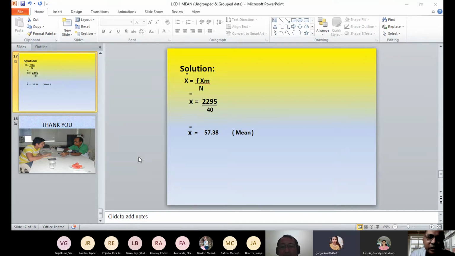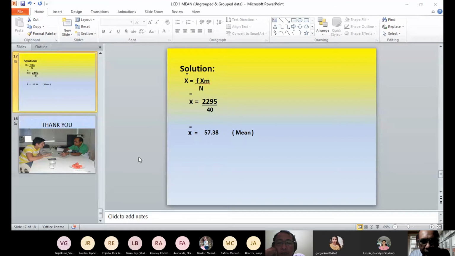In actual practice, since we have computers, we can use Excel to compute.